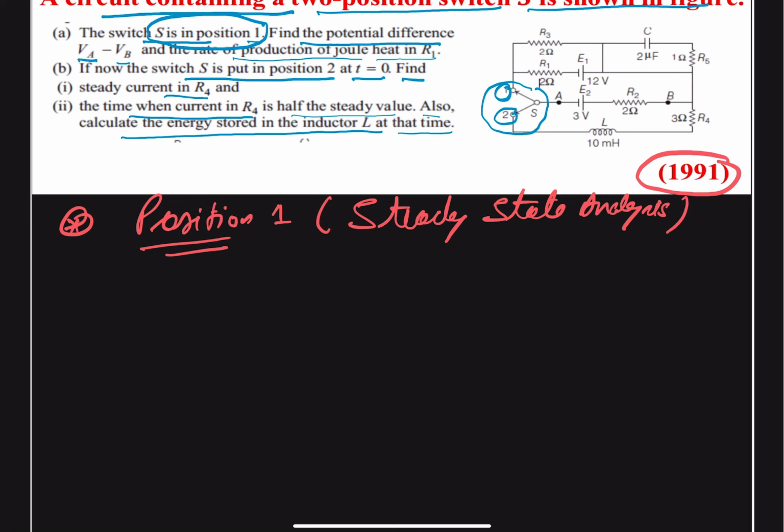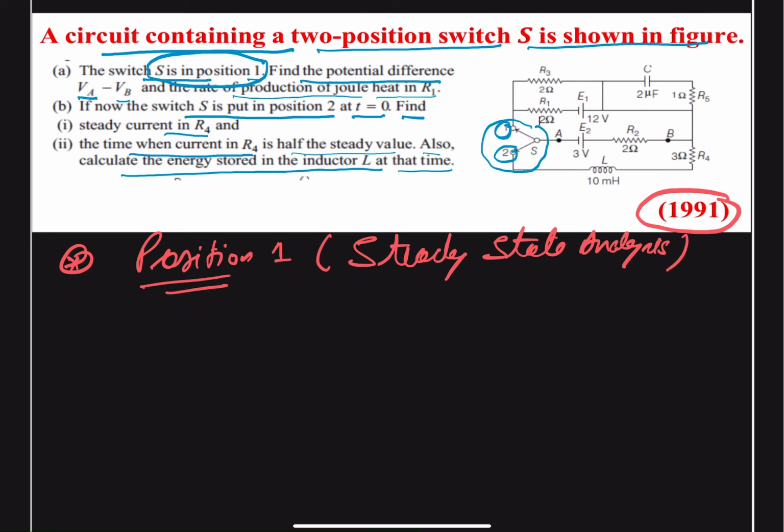Now here we can see that when the switch is connected to position 1, there is a capacitor which will be coming into the picture, and at steady state the capacitor acts as an open circuit, when A is connected to 1.